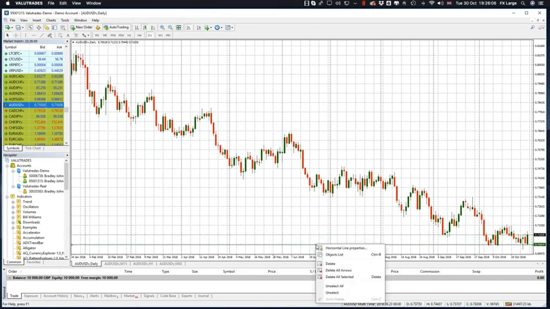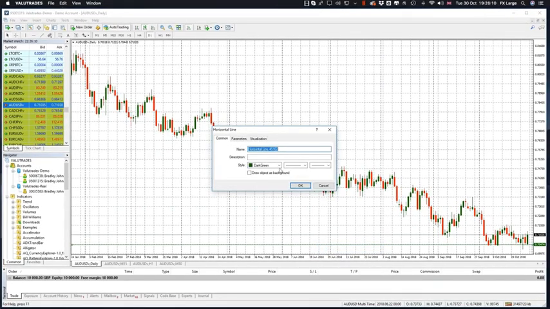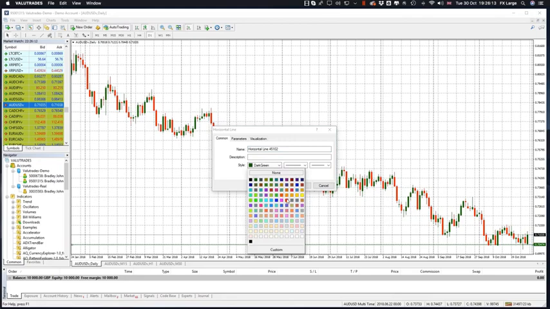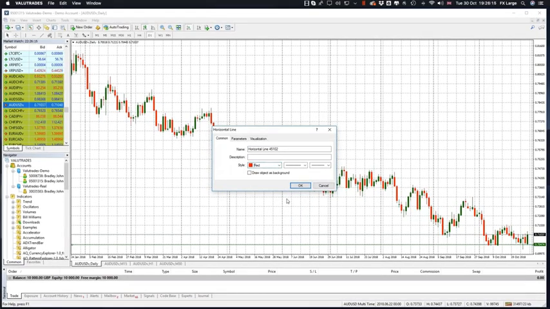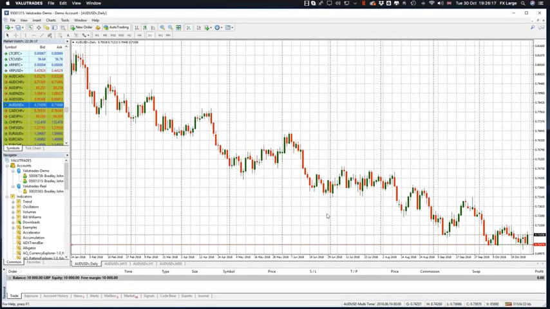But more importantly, I can right-click on it, go to Horizontal Line Properties, and change the color, change it to red, much easier to see. So now we have a red line. And I can double-click again, and the line loses its small boxes, and I can't move it.